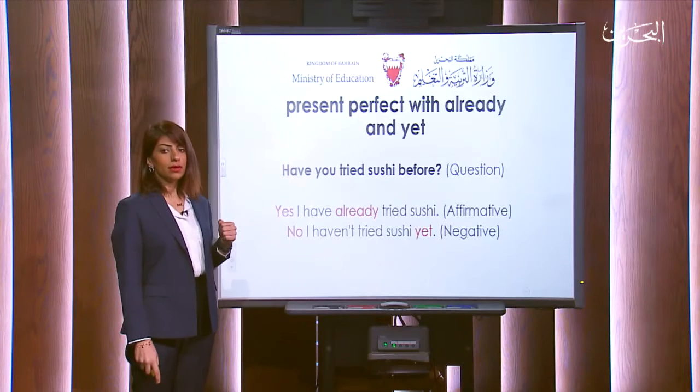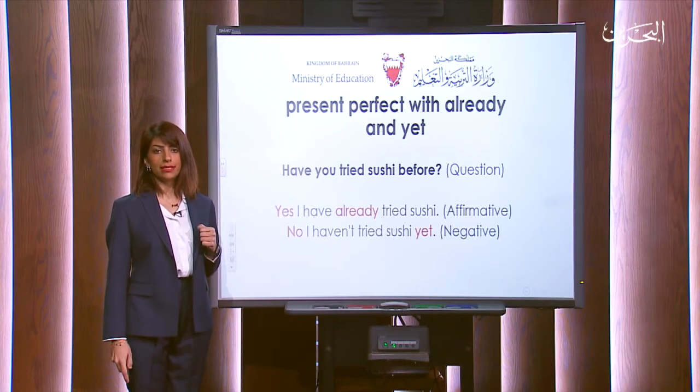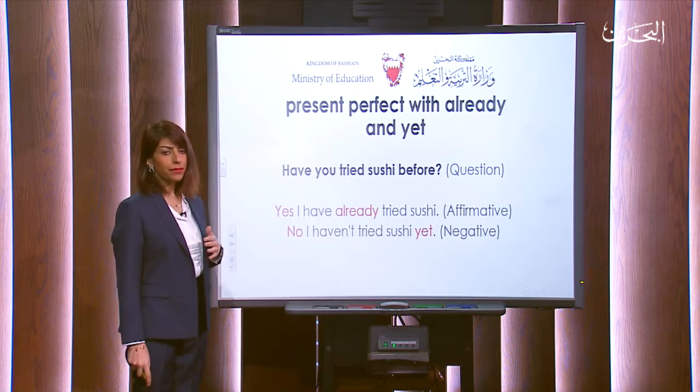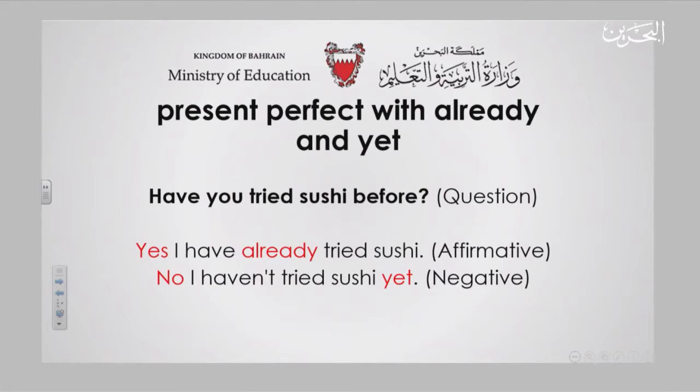Now, I want you to pay attention to the words highlighted in red. In the affirmative form, yes, I have already tried sushi. What does already mean? I will explain that later. Let me see now the negative. No, I haven't tried sushi yet.